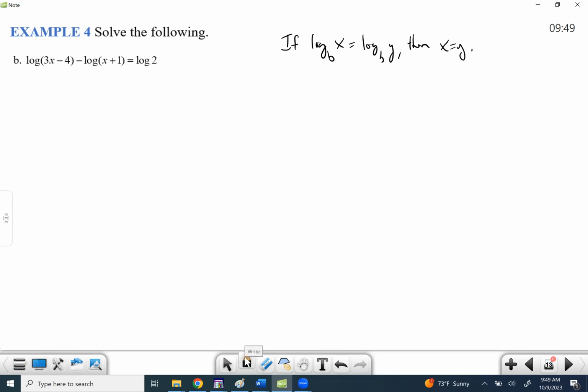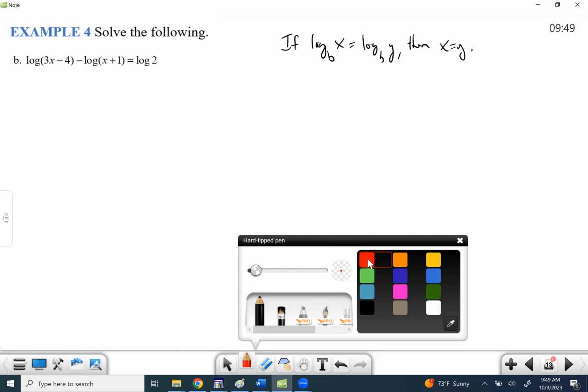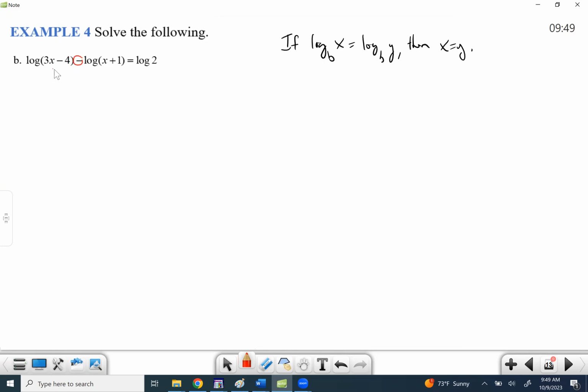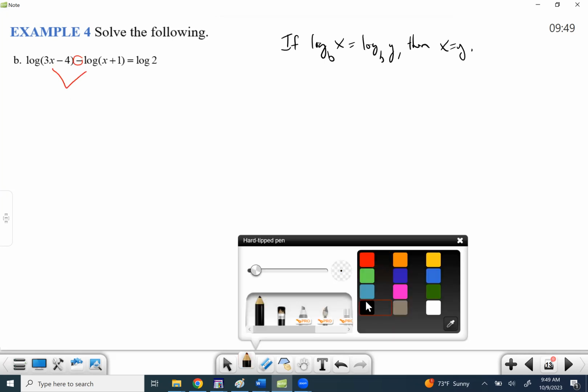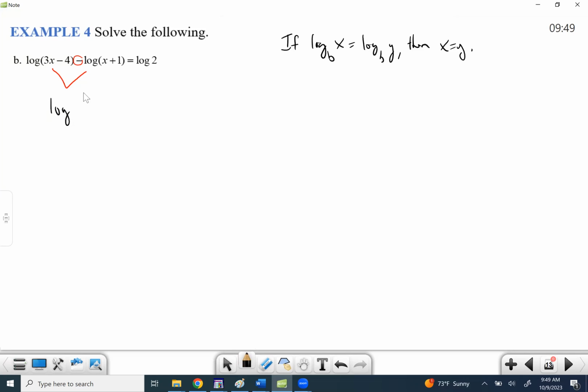But we just finished a section where we learned that subtraction of 2 logs can condense into division of 1 log. The first one goes on top, and the second one goes on bottom. So now this does fit the equivalence property of logarithms, right? We have log base 10 of this stuff equaling log base 10 of 2.